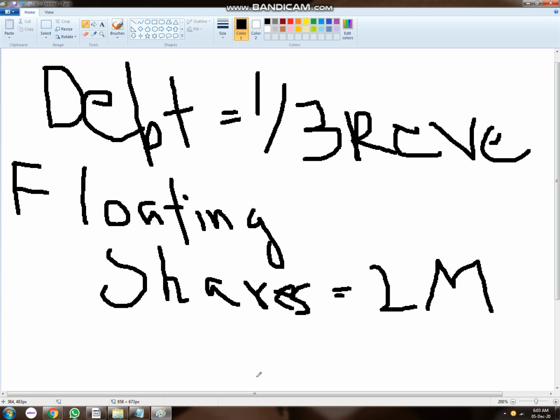Now, if the floating shares are less, like it has much fewer shares to be purchased, then you can invest in that company, that's a great company. But if the number of floating shares is more, then try to avoid that company.